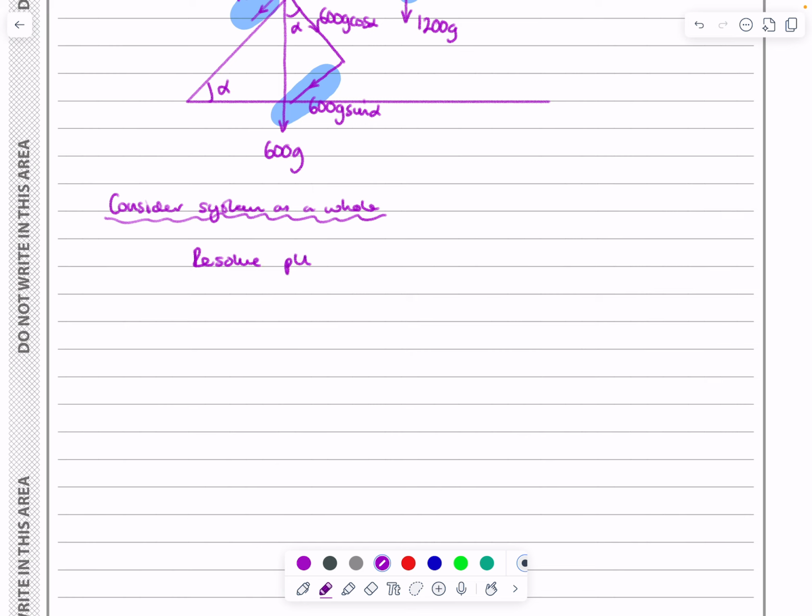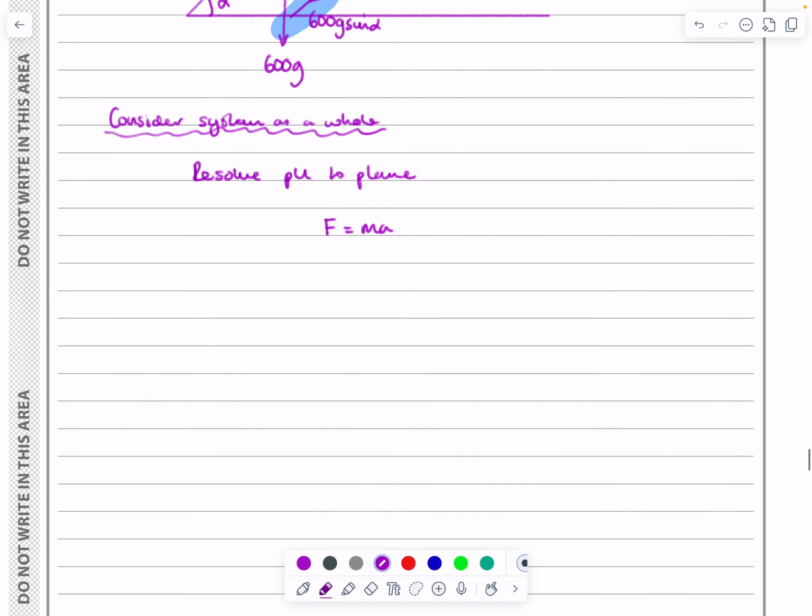F equals ma. And then what have I got? I've got 3,000, minus the 1,200 G sine alpha, minus the 600 G sine alpha, and minus the 2R, minus the R. All of that is equal to mass times acceleration.